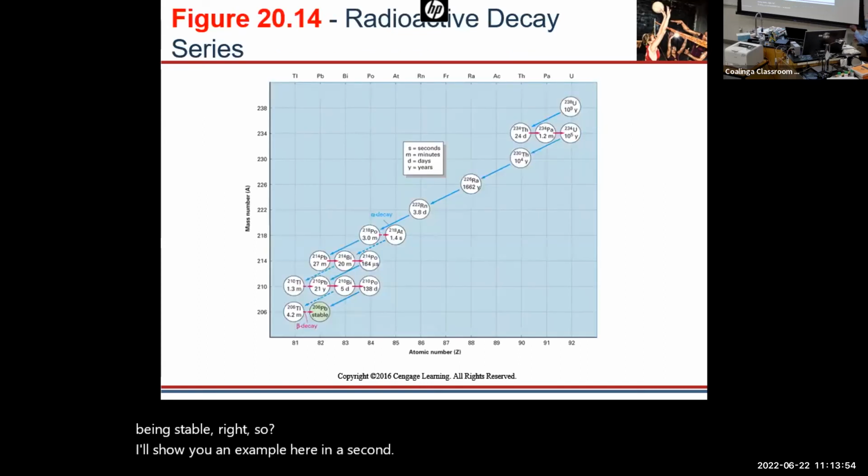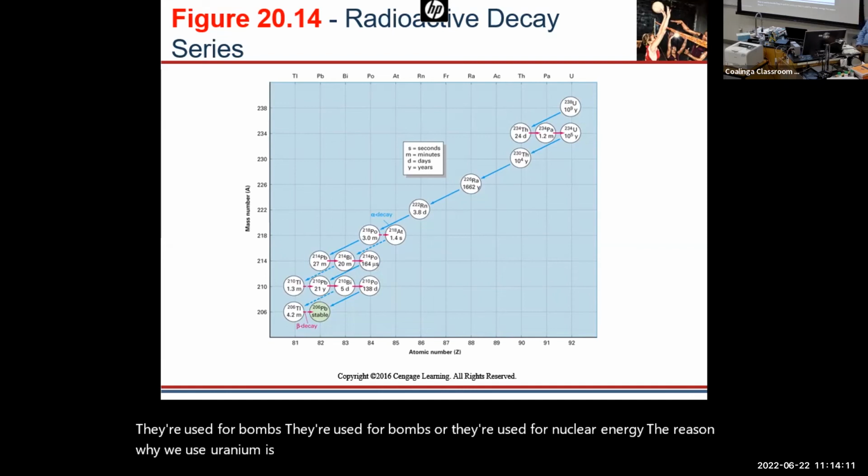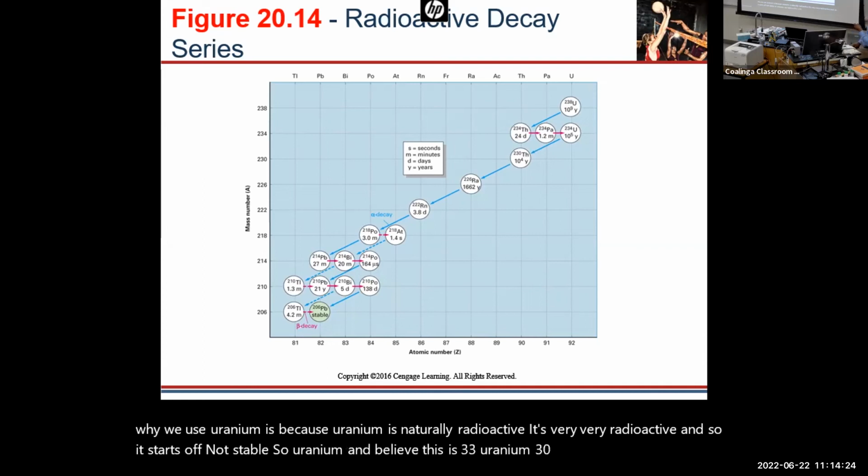Okay. So uranium. You guys heard of uranium? What is uranium used for? Does anybody know? They're used for bombs, or they're used for nuclear energy. The reason why we use uranium is because uranium is naturally radioactive. It's very, very radioactive. And so it starts off not stable. So uranium 33, well, it's going to break down.